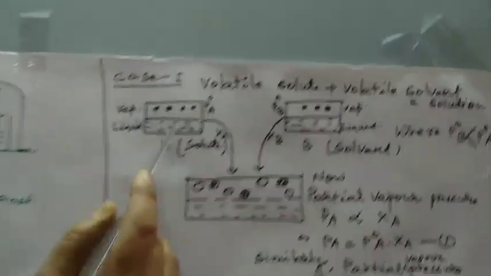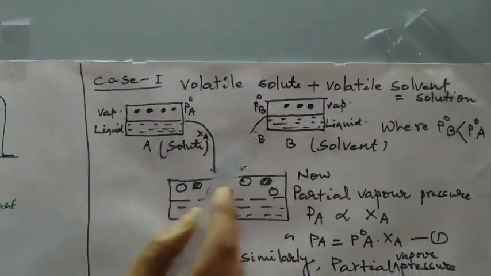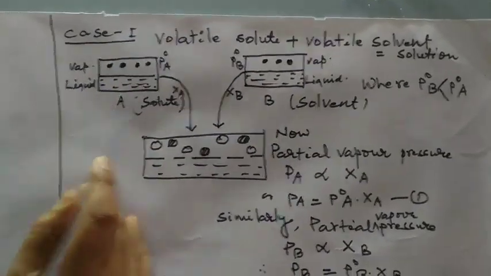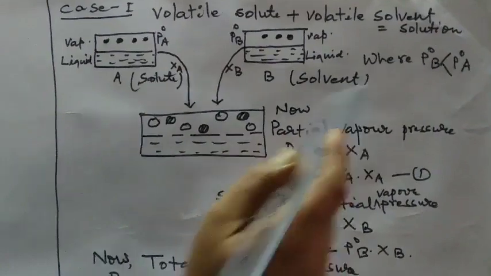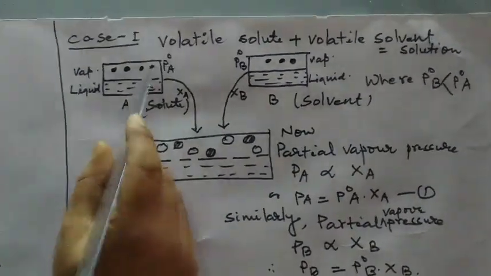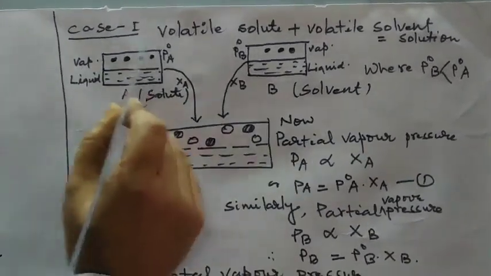Here we have two liquids A and B, where A is the solute and liquid B is the solvent.